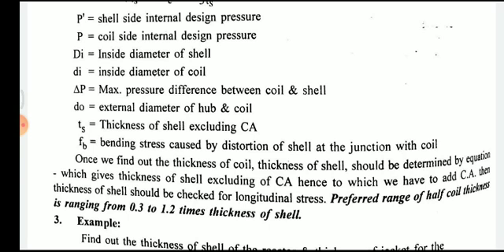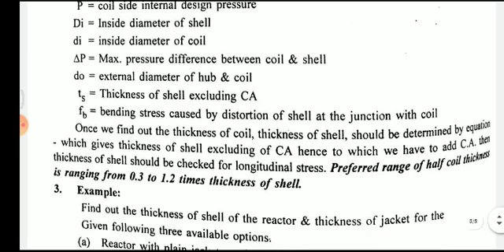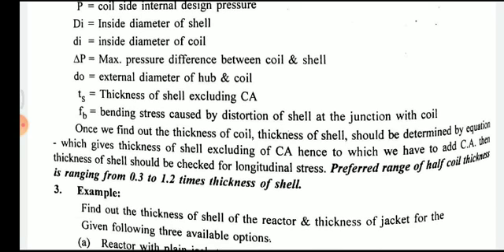So basically the shell and tube heat exchangers and various types of shell and tube heat exchangers you already learned in the previous semester in the PD 1 subject, process equipment design 1. In this process equipment design 2 subject, the design parts are available.